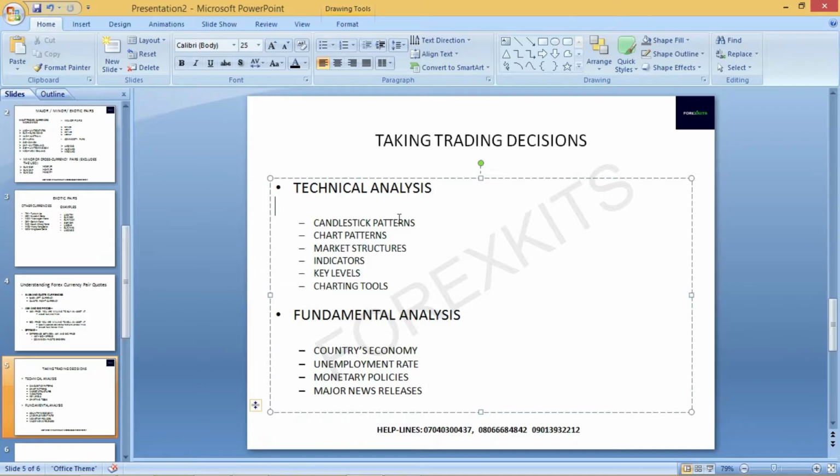So news releases for a certain country, maybe from the central bank, monetary policies, unemployment rate, non-farm payrolls, and a whole lot of other news releases and fundamental factors can affect currency. Do not forget that what we are trading in Forex is currencies, the currencies of a country. So if a country is doing well or doing badly, it's definitely going to affect how its currency is performing in the foreign exchange market.